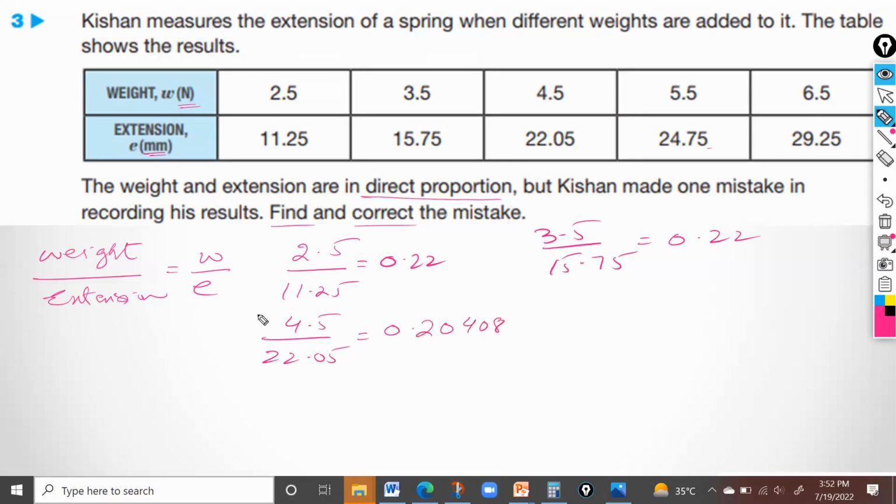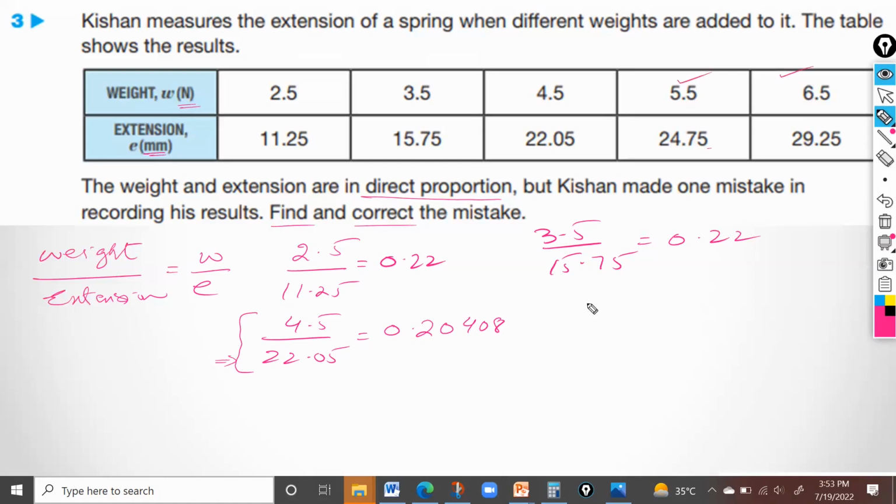This means Kishan is making some mistake. Either he is taking the wrong weight, or with the same weight 4.5 he is measuring the wrong extension. Okay, so we shall fix it. First of all, we check the others as well. He might have made a mistake with the other two readings, 5.5 and 6.5.